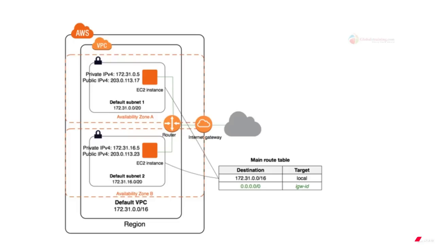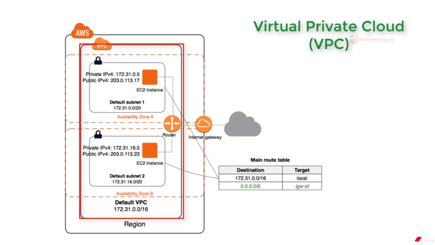Okay, here is a very high level representation of what really happened when you opened your AWS account. What AWS did is it created a default virtual private cloud for you, and it's sitting there ready to be consumed.